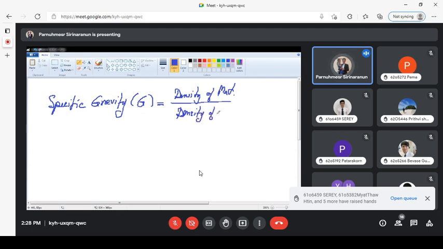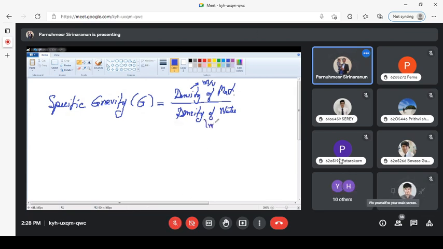The density is like a normalized unit, but it's not normalized until you normalize by the density of water. So specific gravity is like a normalized number compared to the water. To do this, the density refers to the weight per volume, yes or no?